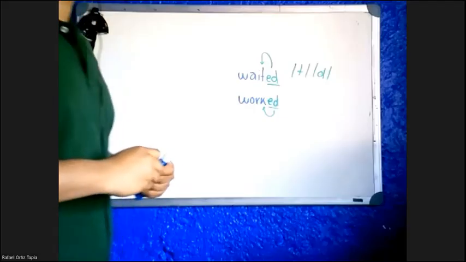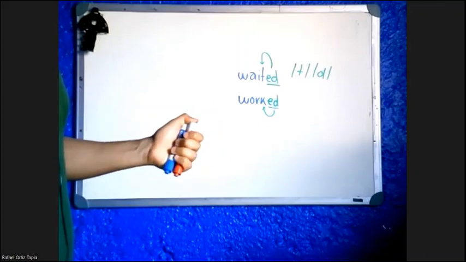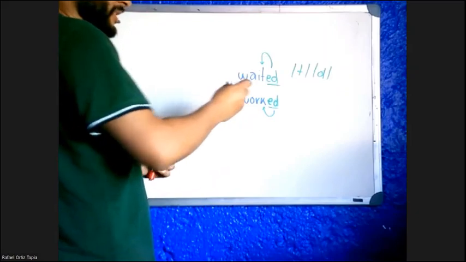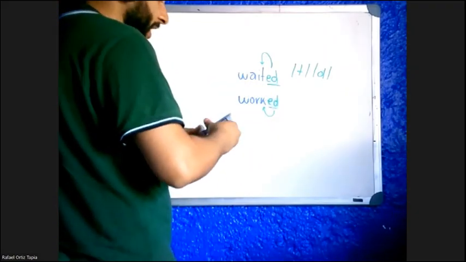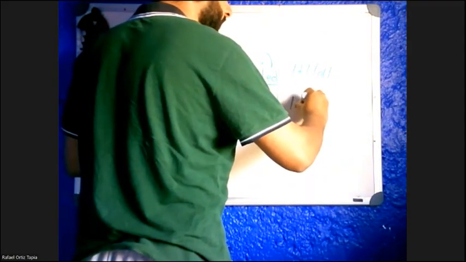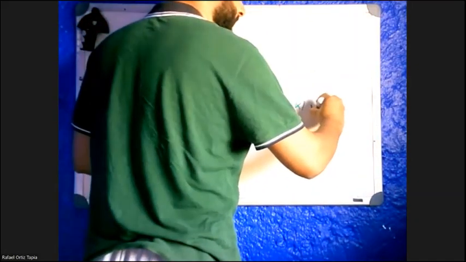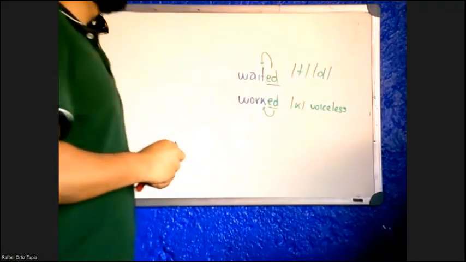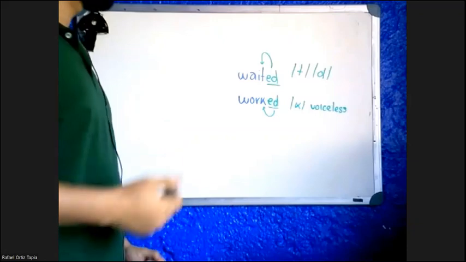And remember, when I say phoneme, I mean sonido. ¿Qué clase de sonido tengo detrás? Ahora, en este caso, yo tengo el sonido de la K. El fonema de la K es algo que llaman voiceless. What is voiceless? It means que ese fonema no produce ninguna vibración en sus cuerdas vocales.